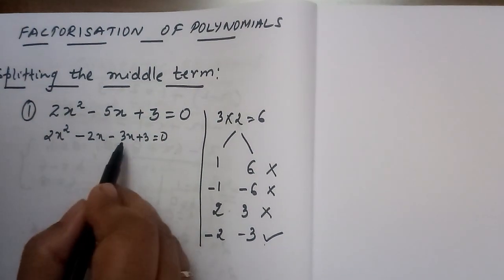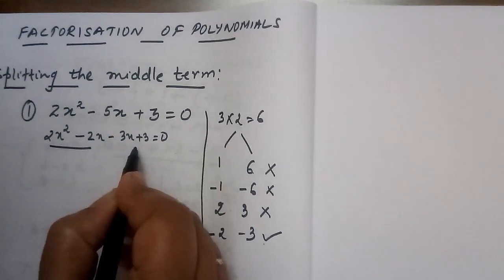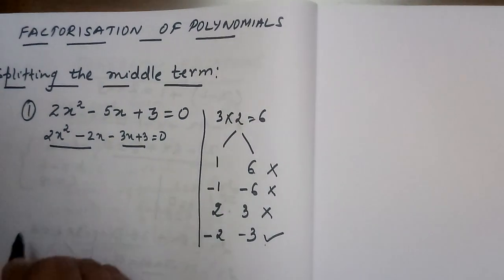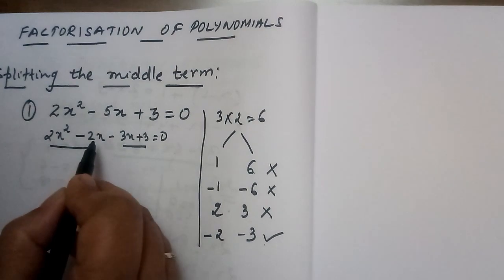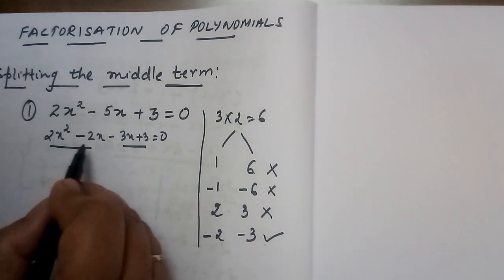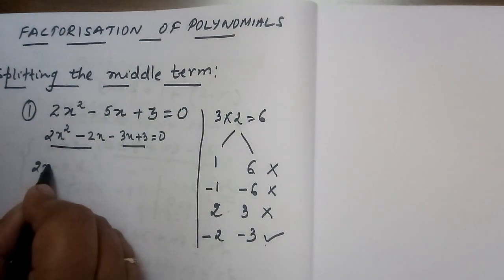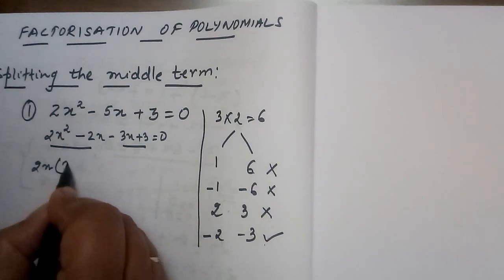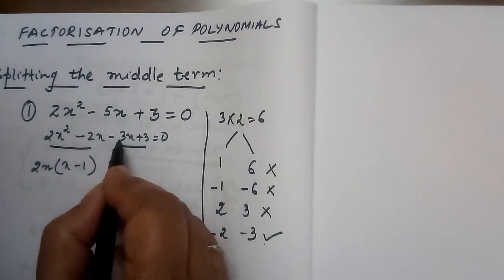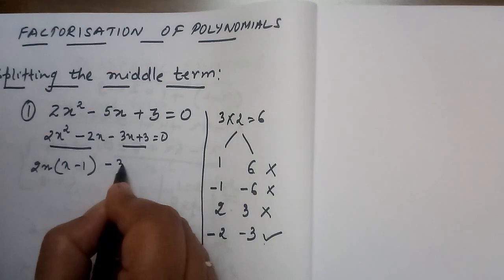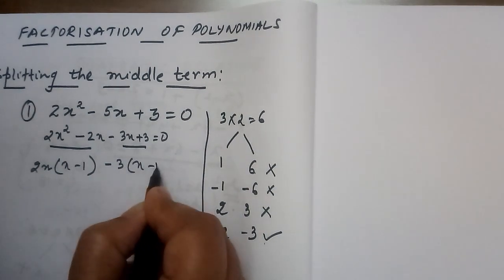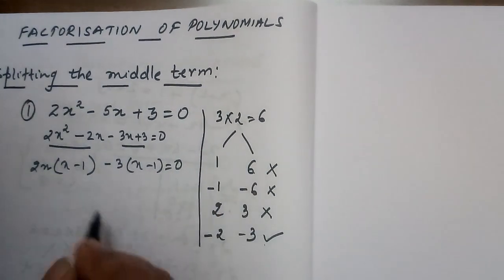Now I make pairs. Between the first 2 terms, 2x is common. So I write 2x, x minus 1. And between these 2 terms, minus 3 will come out common. So I get x minus 1 equal to 0.